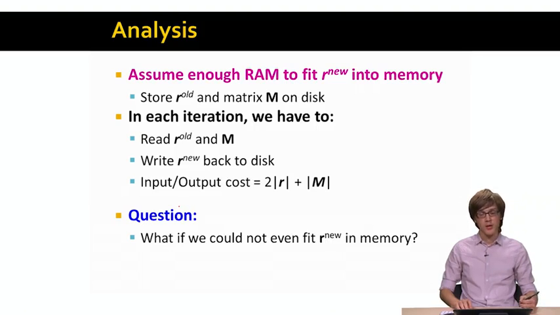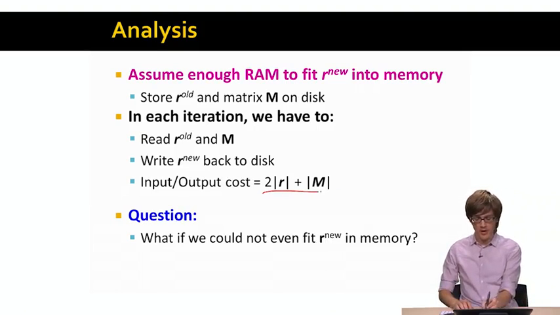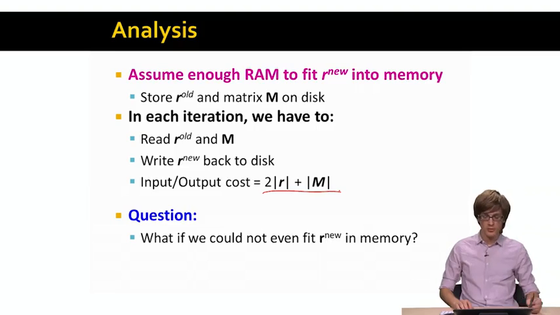So if you think about the amount of input-output operations we have to do, it is 2 times the size of R plus the size of M, right? So 2 times R is twice the number of nodes, and the size of M is the number of edges of the network, right? So in every iteration of our algorithm, we need to scan once through the matrix M.